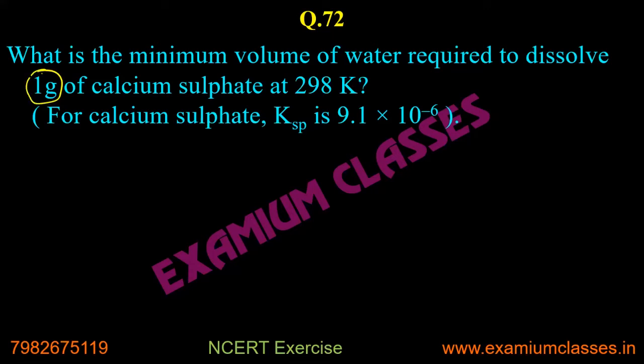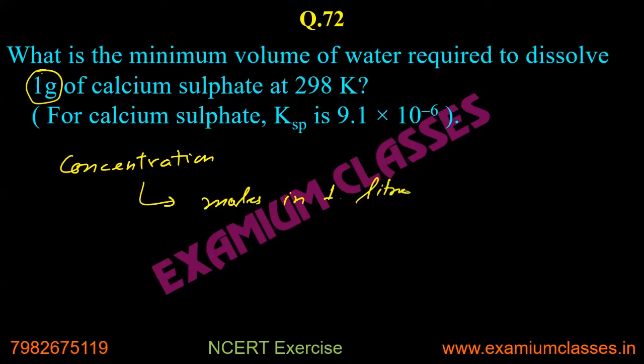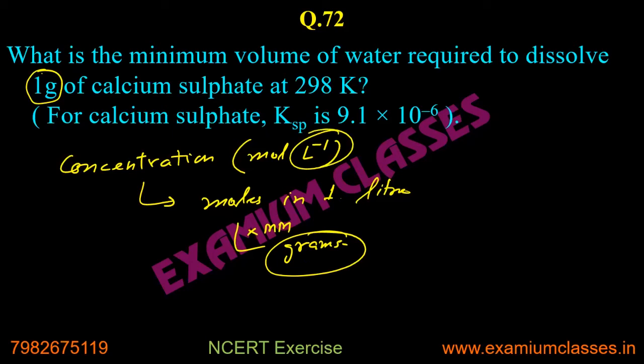If you know the concentration, you know how many moles are there in 1 liter, because concentration is moles per liter. And if you know moles, you multiply it by molar mass, you get grams. So you know these many grams in 1 liter.